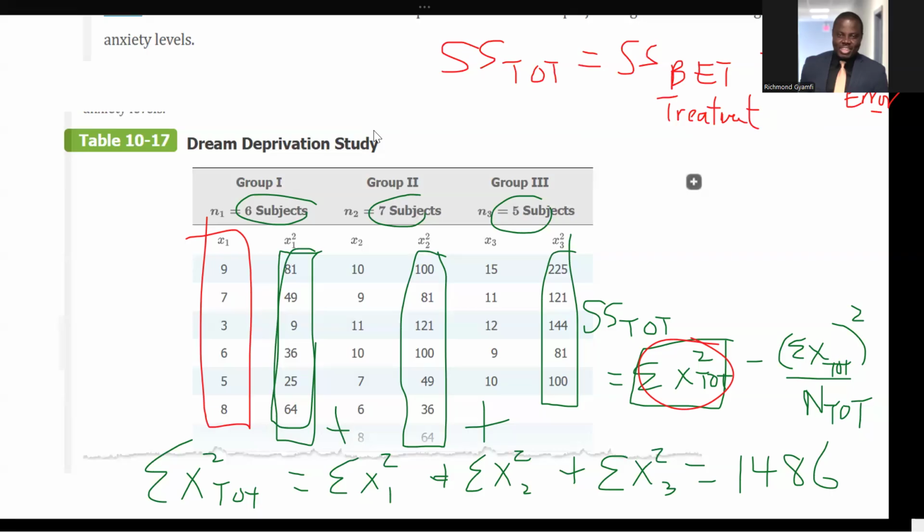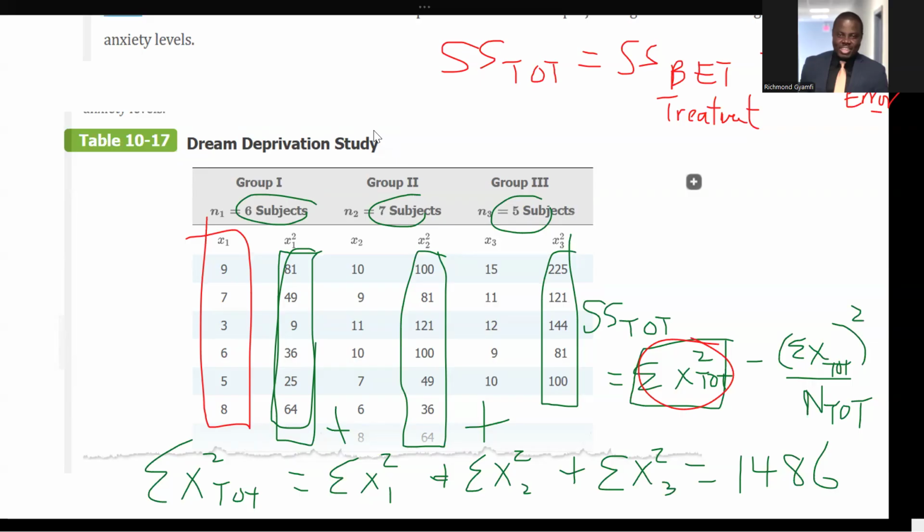All right. Now, I know that my SS total is 134. But what about the sum of squares between the groups and sum of squares within the groups? Now, for the formula for finding sum of squares between the groups, because if I get one of those, I could subtract it from 134, which is my SS total, and then get the other one.